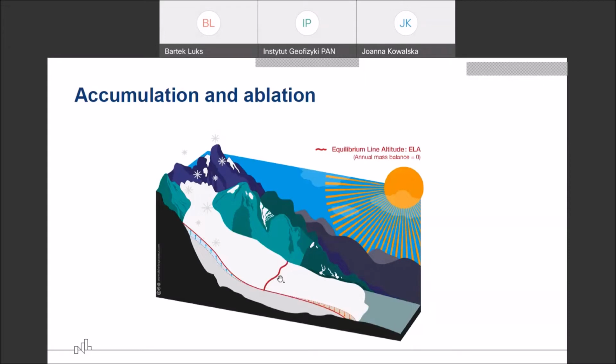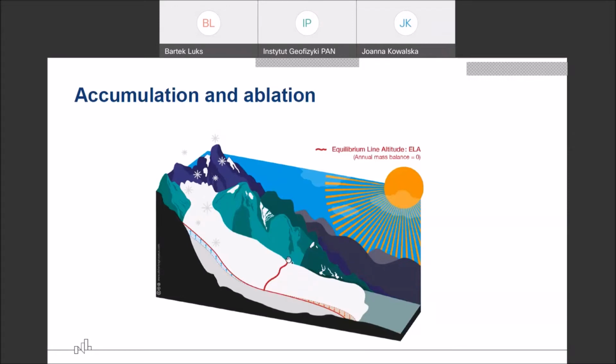And the red line between those two areas is called equilibrium line altitude. This is one of the indexes that we use in glaciology to tell about glacier's shape. When it's in a good shape, then equilibrium line altitude is quite low, and there's a pretty big accumulation area, and ablation area is small.